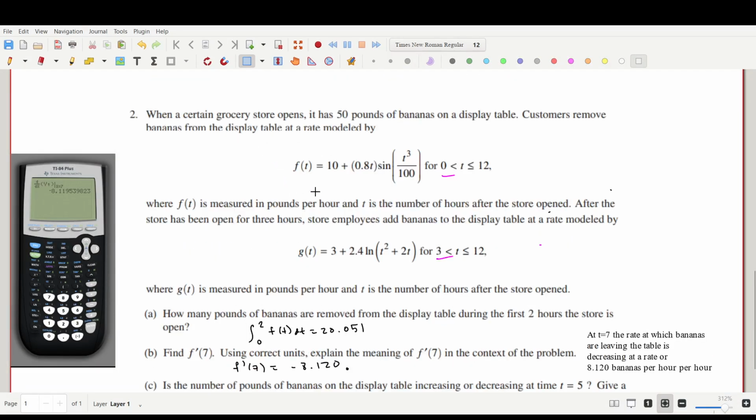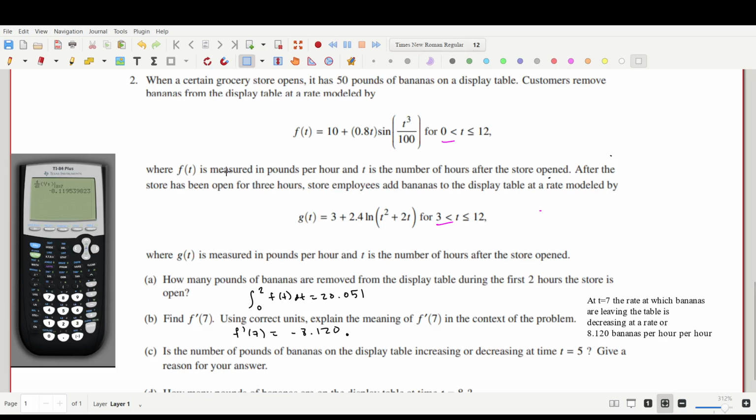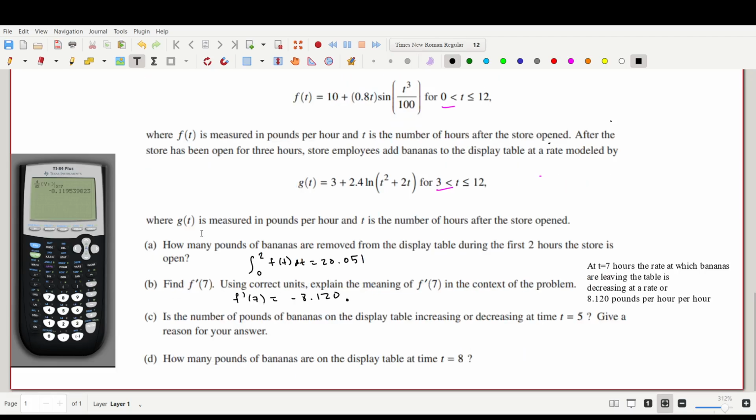Oh, it's pounds per hour, not bananas. And maybe you say hours here. F is a rate. Yeah. All right, cool.